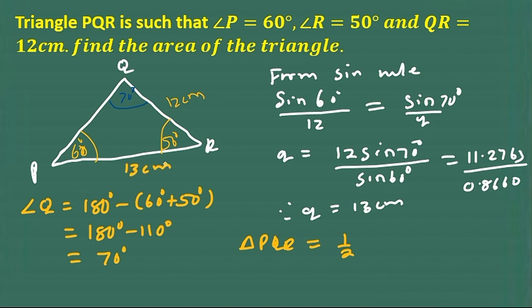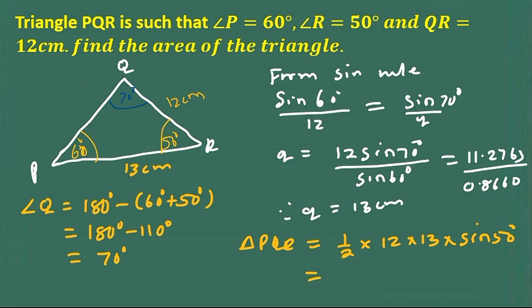Okay, so the angle between them is that we are going to use angle R, right? So this will be 1/2 times 12 times 13 times sine 50 degrees.